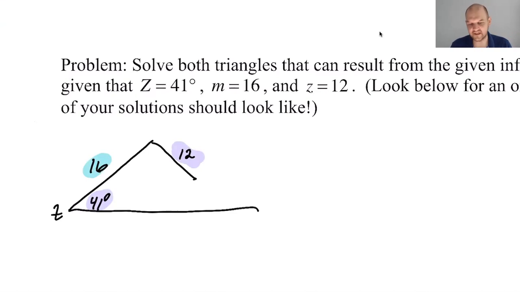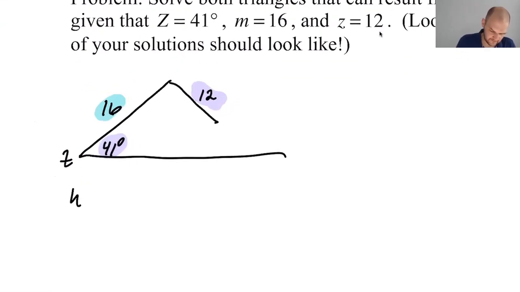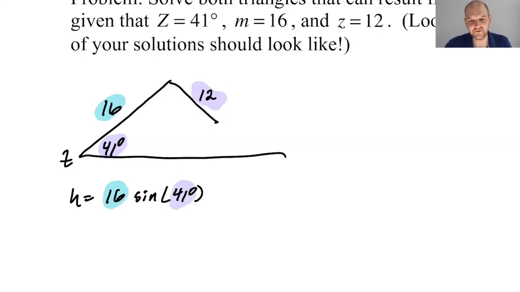So immediately I'm going to calculate the height. The height is going to be 16 times the sine of 41. Where's that coming from? That's the other side, and then the sine of the angle. I need a calculator for this.